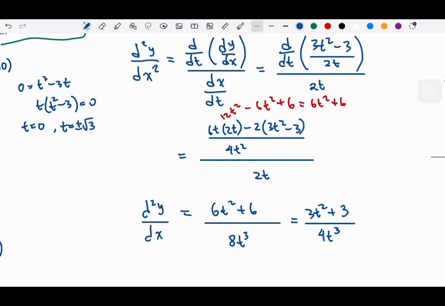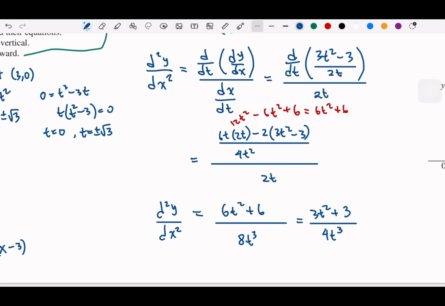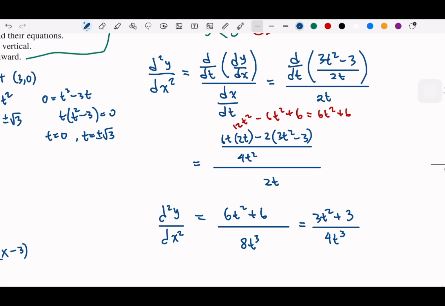So you see the way we get our first derivative and second derivative, because it's already in the form of dy/dx and d squared y/dx squared. This will be very much the same as what we did in calculus 1.